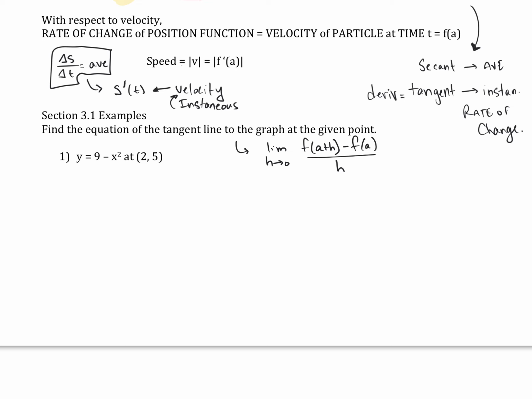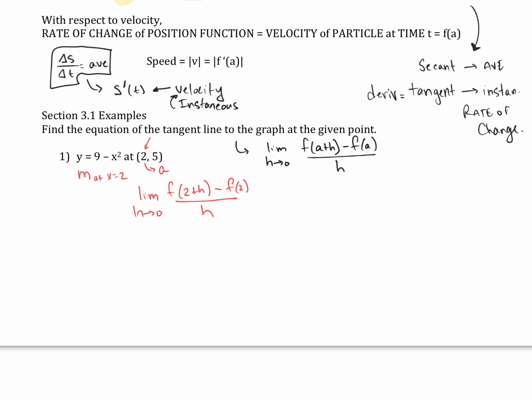Now for this particular problem, we need the slope at x equals 2, right? So that's what we're looking for. So this is our a value. So if I were to plug this into my equation here, I would have the limit as h goes to 0 of f of 2 plus h minus f of 2 all over h.